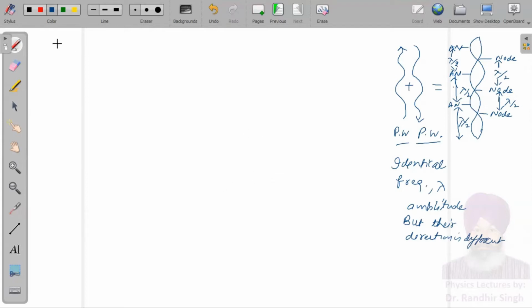Now, what is happening? You can see at node, displacement is 0 or minimum.